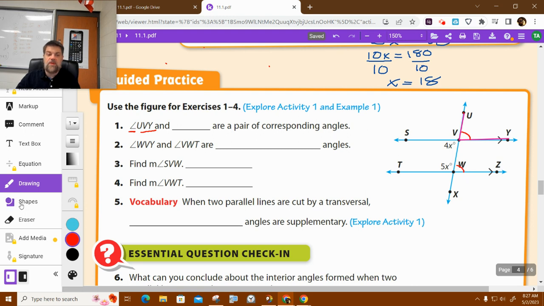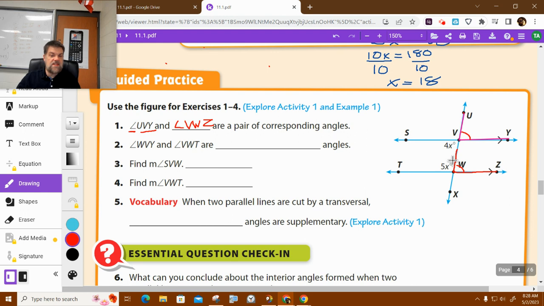So how do I label that angle? I start with a variable. This one starts with U, so now I start with V, from here down to here. The next letter is W, and then the last letter, Z. They're corresponding because they're in the same part of the circle, the same slice of pie, so to speak.